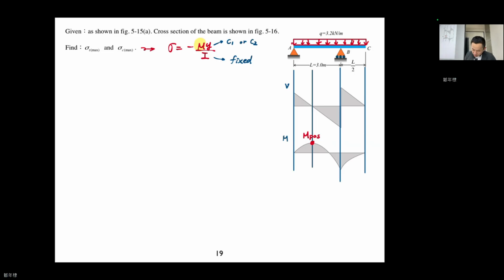Also negative moment will also give you positive sigma and negative sigma.